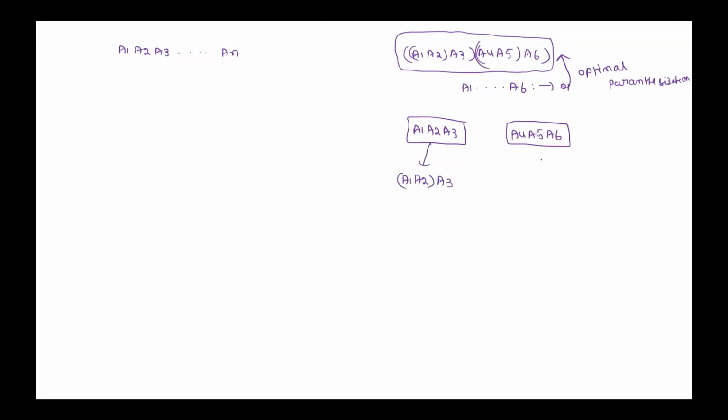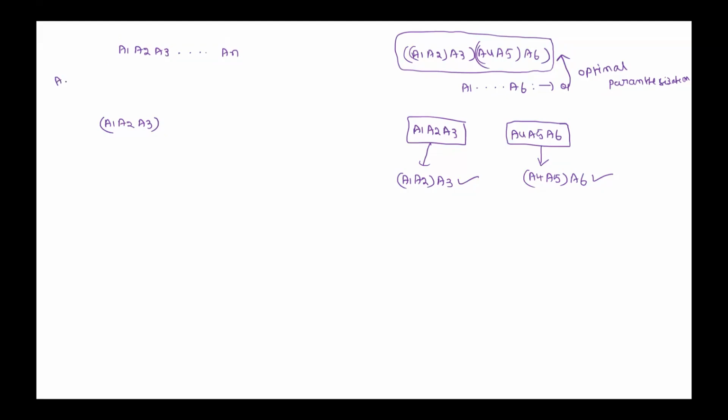Similarly, what is the optimal way of finding the product A4, A5, A6? This is correct. This is also correct. Why? Okay, let us calculate first. However you calculate, what is the order of A1, A2, A3? We use the same notations.